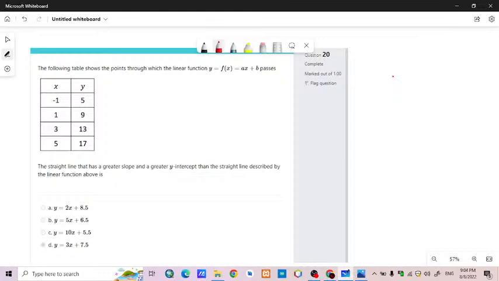Before we can determine which of these have a greater slope or a greater y-intercept, we need to have a function of our own, the one that we're going to use to compare. At the moment, we can't just go here and start comparing. So let's determine the equation of that particular straight line.